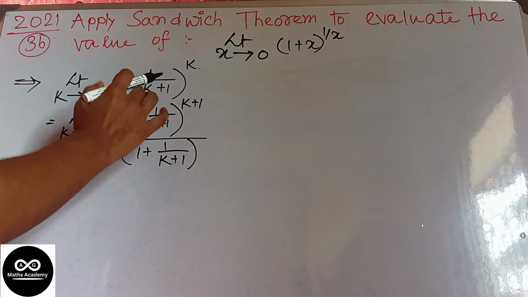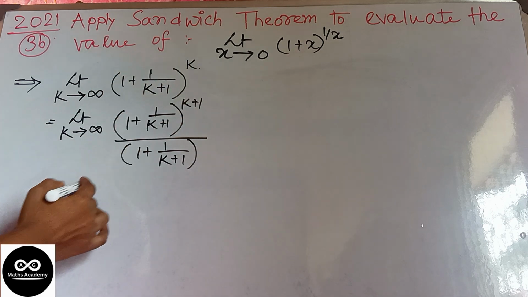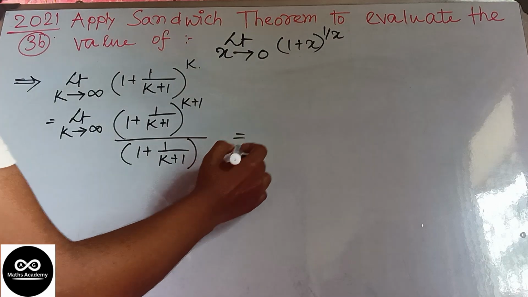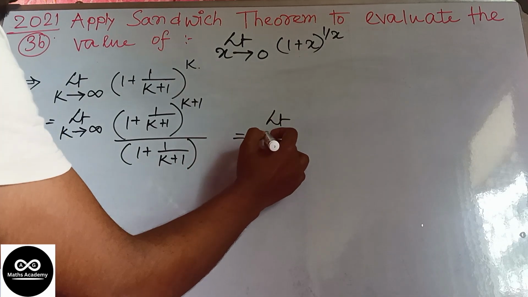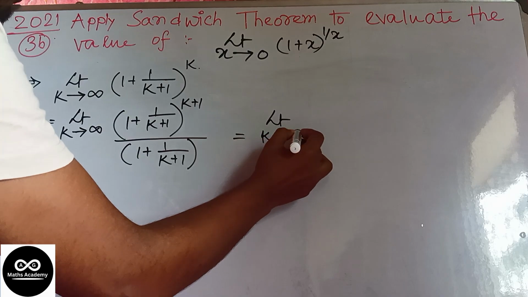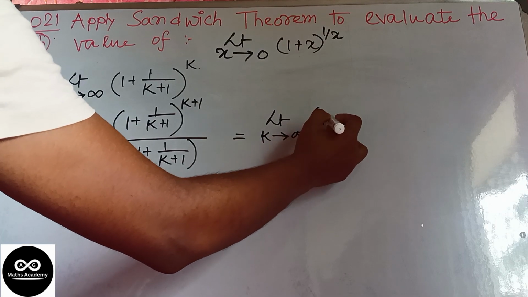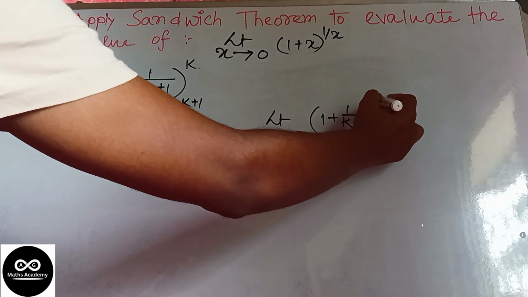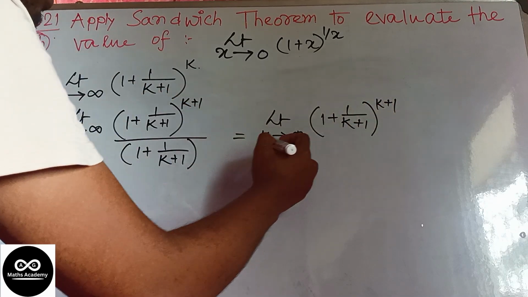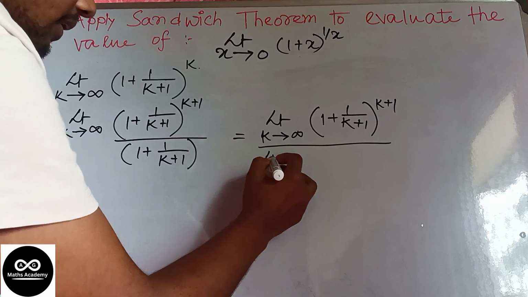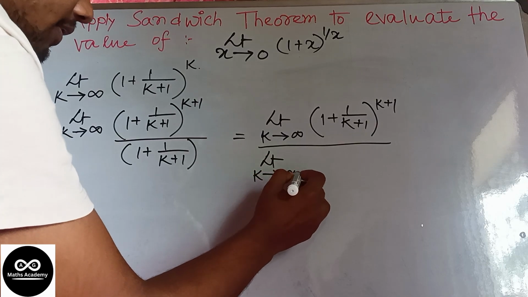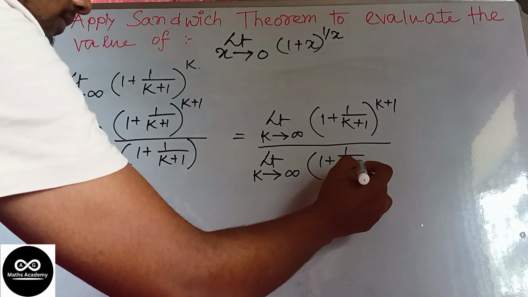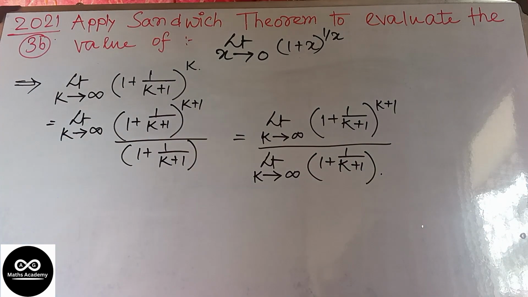So actually this is the same as the previous one. Now we can write the limit as k tends to infinity of the numerator divided by the limit as k tends to infinity of the denominator.